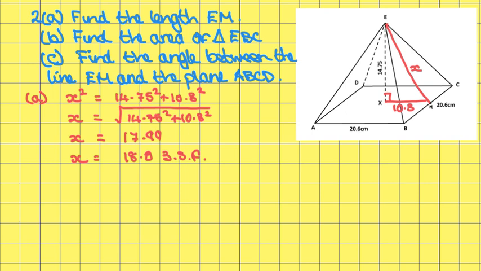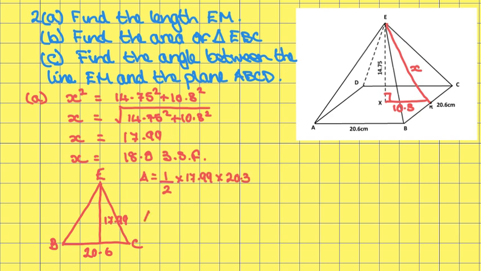Part B. Find the area of triangle EBC. So if I draw the triangle, let's quickly, EBC. I know that the base is 20.6. I know that the height, because I've just found it, I'm going to use 17.99. So the area of the triangle equals a half times 17.99 times 20.6.